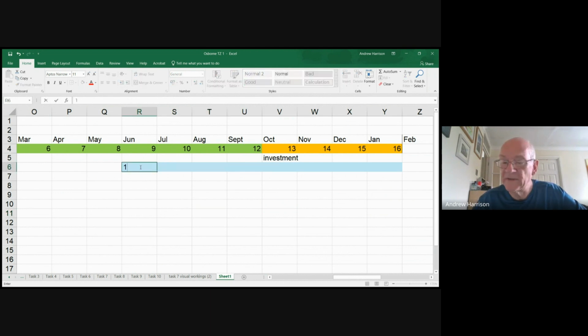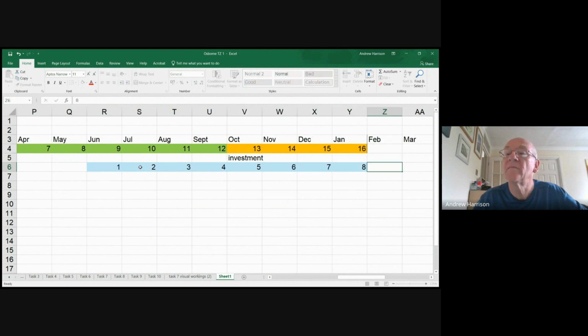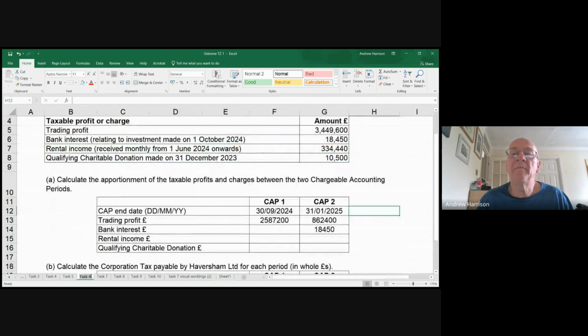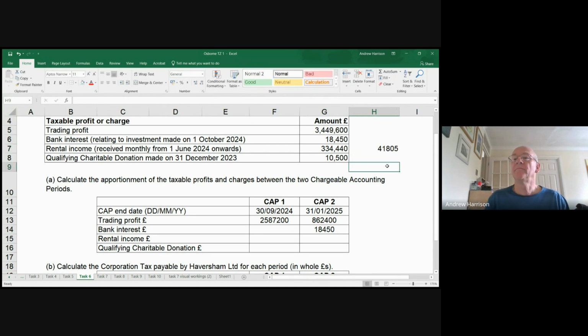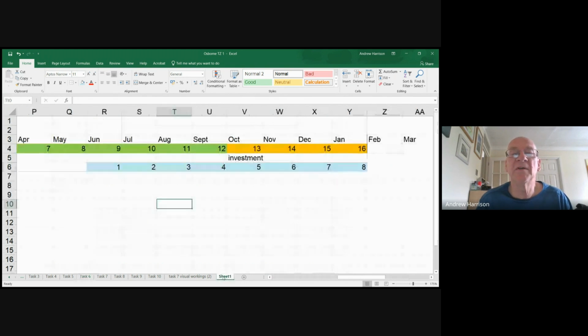And maybe put the numbers in. Eight months. So the amount, the 334, is 41805 a month.